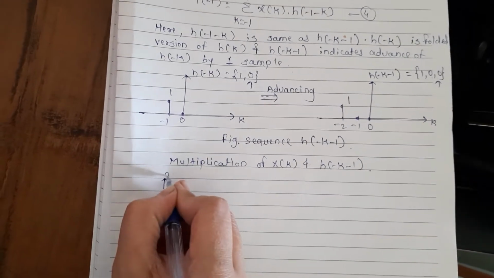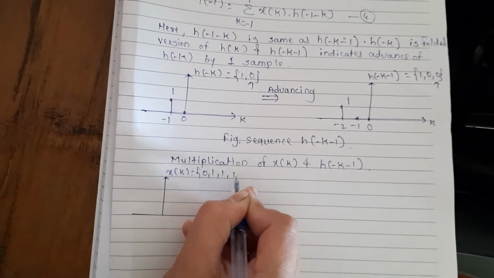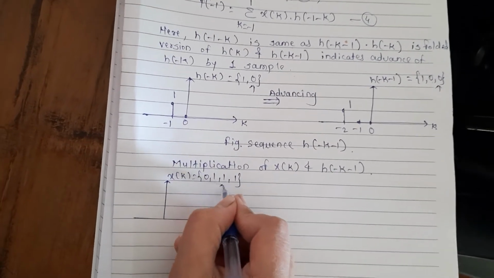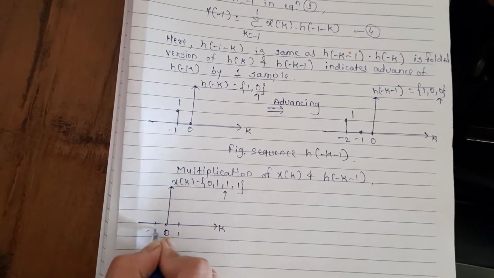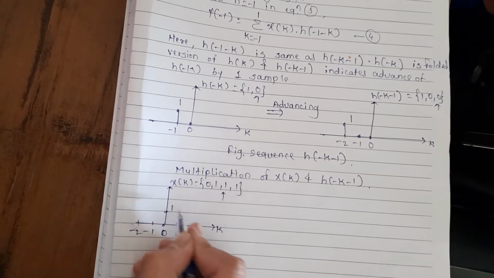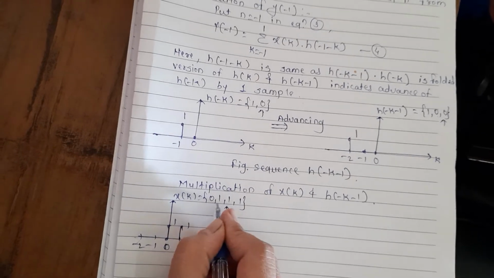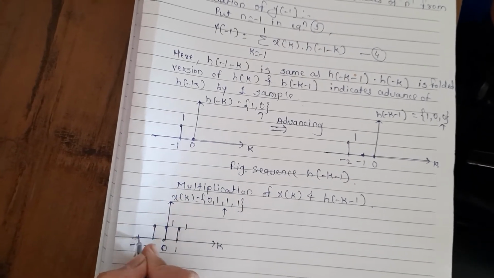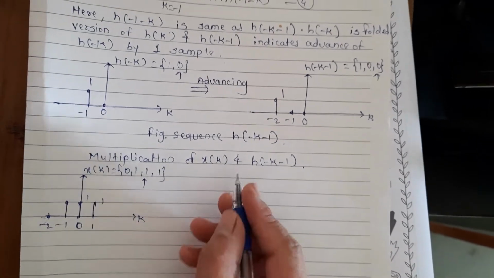This is k, this is x of k, which is 1 1 1. For 0 it is 1, for 1 it is 1, for minus 1 it is 1, and for minus 2 it is 0. And next is h of minus k.